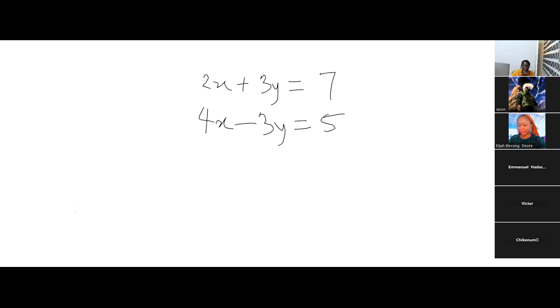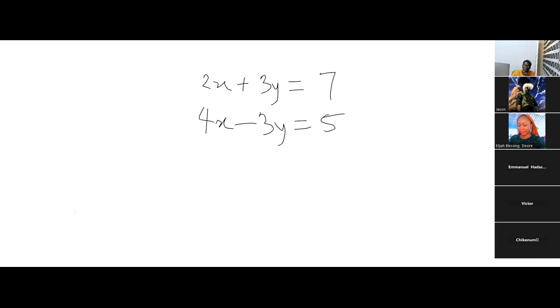Don't forget that I told you that a system of linear equations is a set of two or more linear equations with the same variables. And solutions to these systems are the points where the equations intersect on a graph.